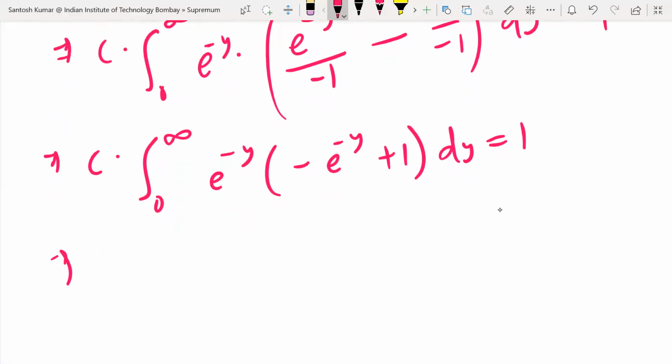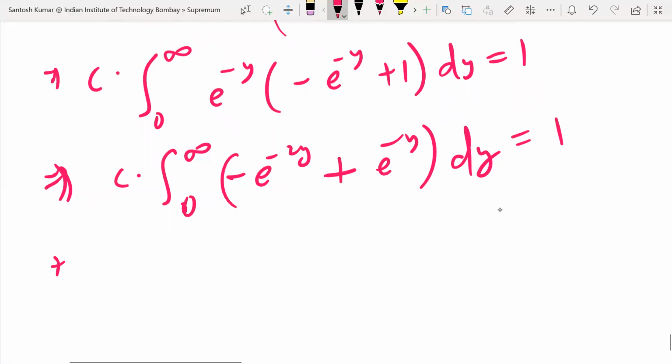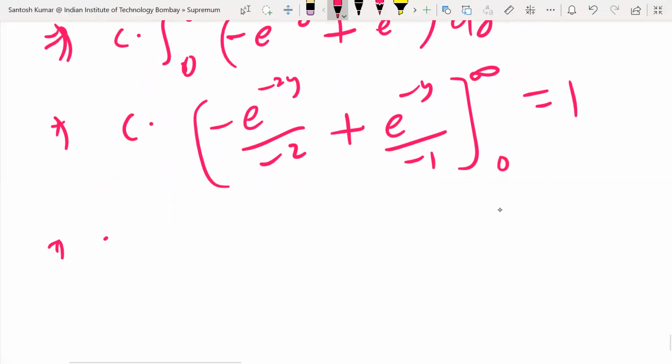Now we integrate with respect to y. So c times [e^(-2y) upon minus 2, with the minus already there, plus e^(-y) upon minus 1], with limits 0 to infinity, equals 1.